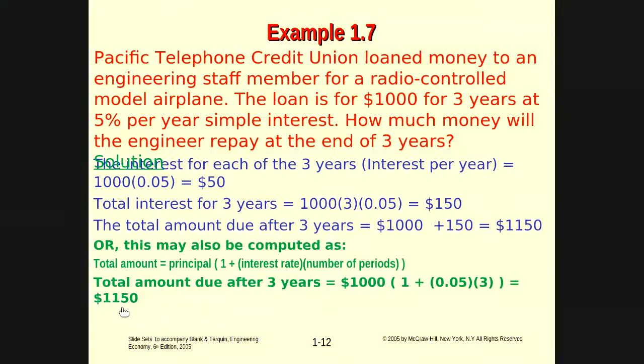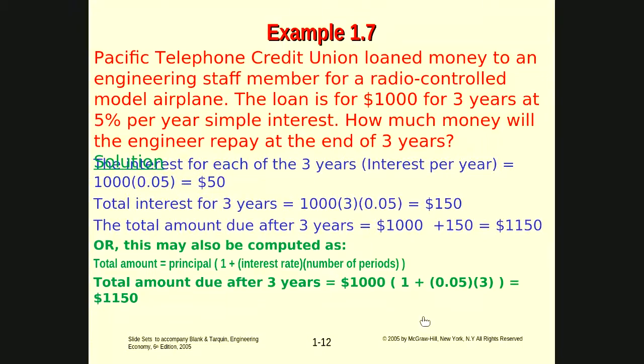If I ask you what is the total interest amount paid at the end of year 3, then you subtract this value from the 1,000 to get the 150. That is the interest amount. If I ask you, what about the total paid at the end of year 2? You just change the number of periods from 3 to 2.